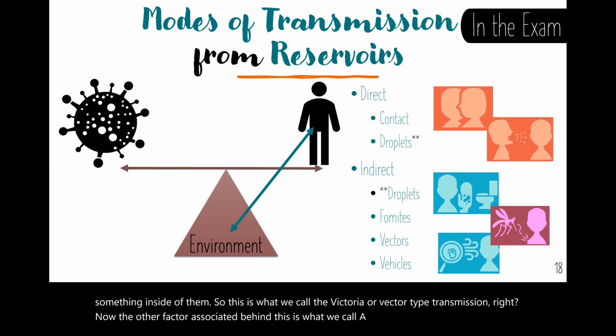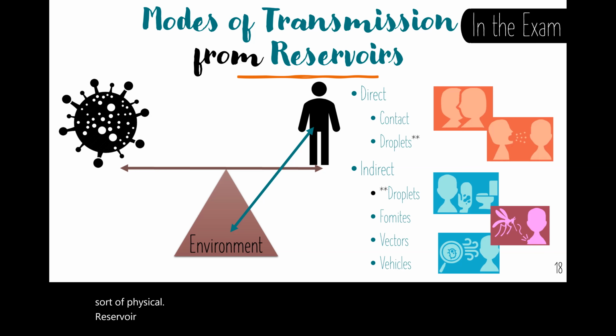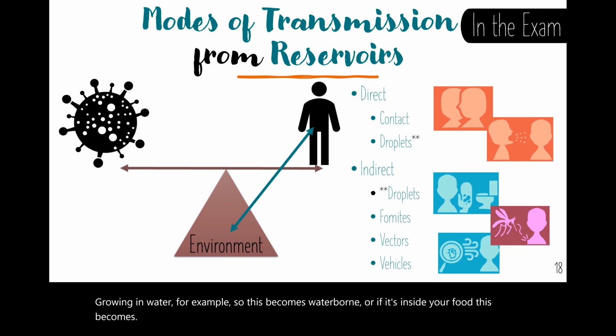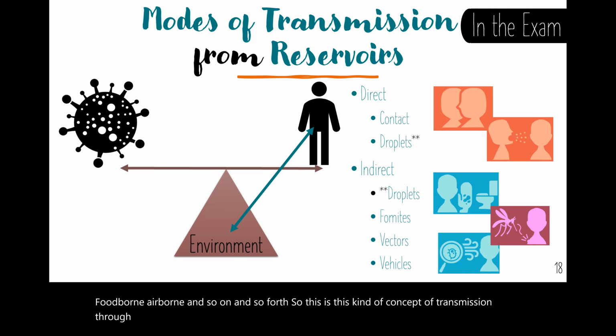And so that means some sort of physical reservoir containing these. And so those can be divided into things that are growing in water, for example. So this becomes waterborne, or if it's inside your food, this becomes foodborne or airborne, and so on and so forth. So this is this kind of concept of transmission through a vehicle itself, right?